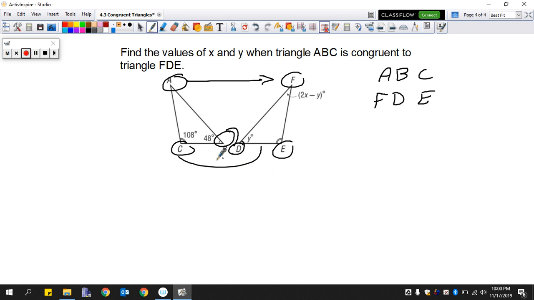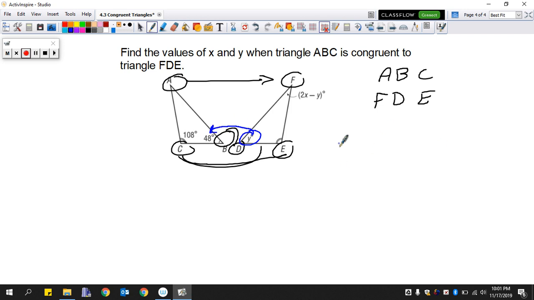So when we're talking about finding the values of x and y, well, F goes with A, and D goes with B. So y goes with 48 because they're congruent.